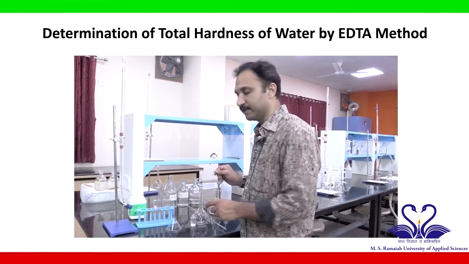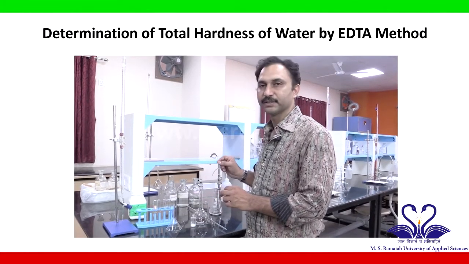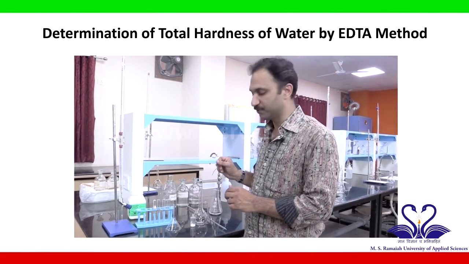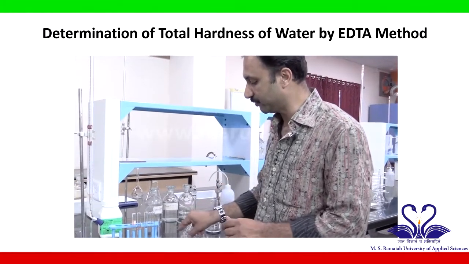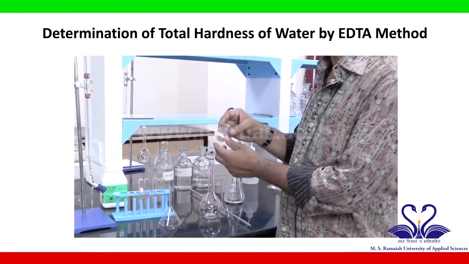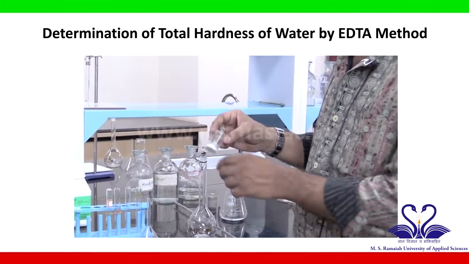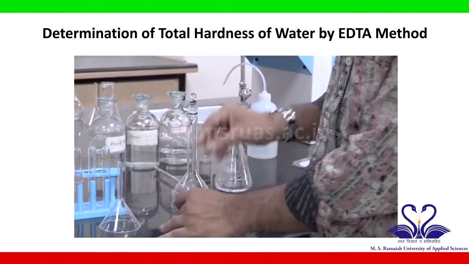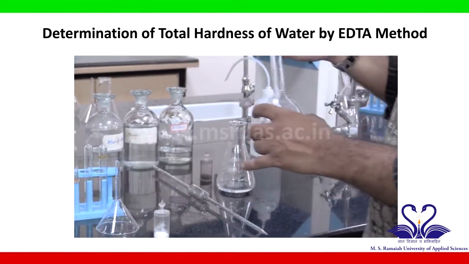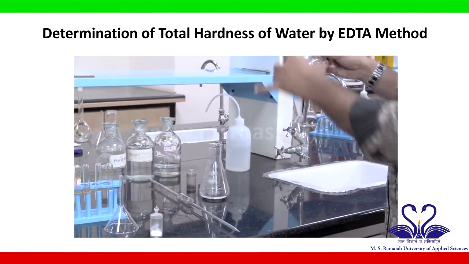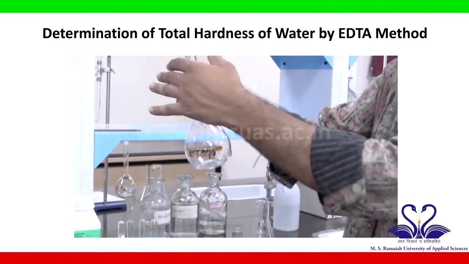Now the first step is to prepare the standard EDTA solution. To prepare the standard EDTA solution, you have to take a known quantity of EDTA and transfer it to the standard flask, which is cleaned and rinsed with distilled water.